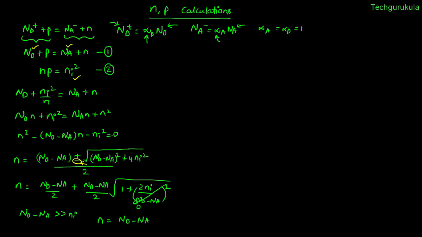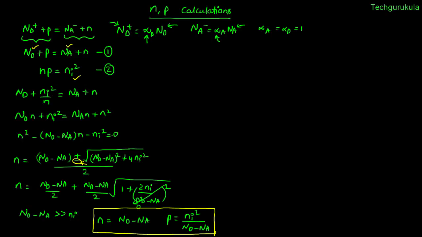And once we know the electron concentration, by using the mass action law, the second equation, we can find the hole concentration, which is equal to Ni square over the electron concentration, which is Nd minus Na. So now we know how to calculate the electron concentration and hole concentration given Nd minus Na is positive, which means Nd is greater than Na.